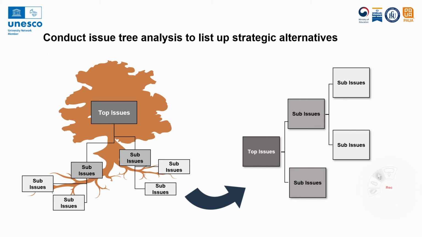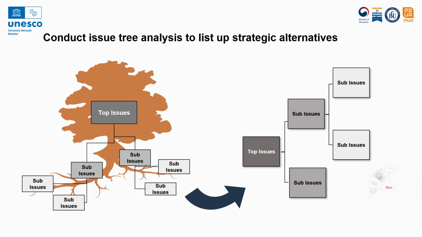That's why we call disaggregating the issues into small issues an issue tree, right? So the tree on your left-hand side is identical with the shapes on your right-hand side.